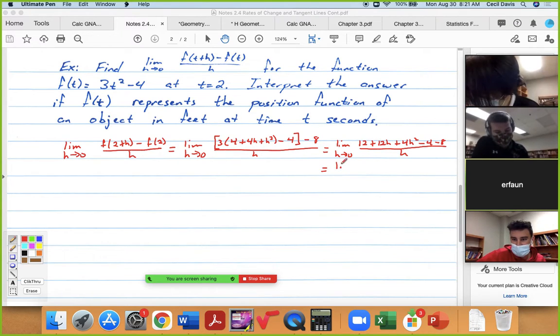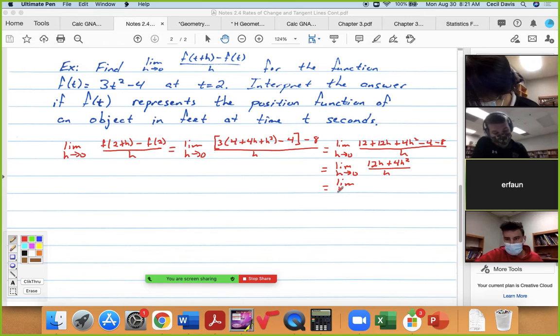When we're doing polynomial functions, all the constants should drop out. Let's check. 12 minus 4 is 8, minus 8 is 0, so yep. And then we have 12h plus 4h squared over h.